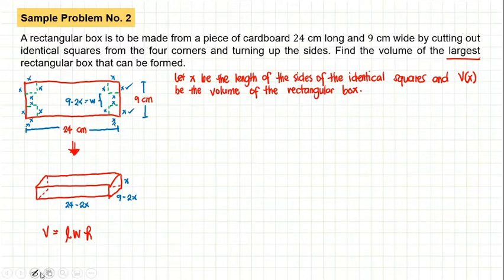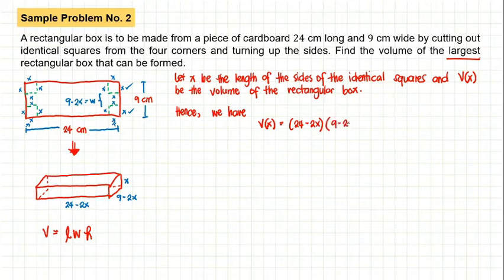Thus, next step now, we can give the objective function. Hence, we have V of x equal to the length, which is 24 minus 2x, then the width, which is 9 minus 2x, and the height, which is x. So to make it easier to differentiate later, let's expand the expression.